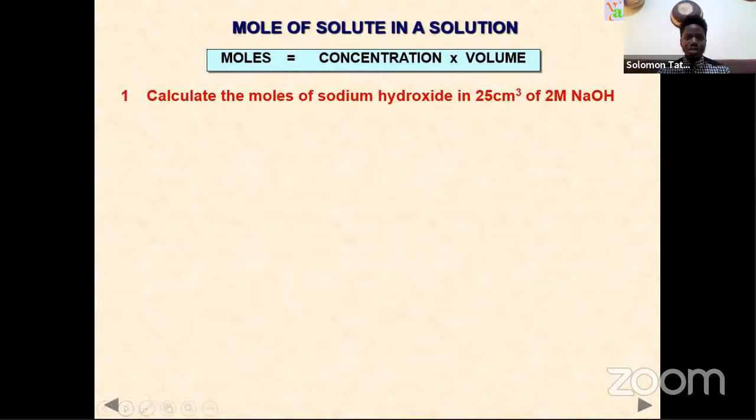So let's try to calculate the number of moles in sodium hydroxide. 25 cubic centimeters of 2 molar sodium hydroxide. Who can tell us what would be our first step here? If we were to calculate the number of moles of sodium hydroxide in 25 cubic centimeters of 2 molar sodium hydroxide, what would be our first step?